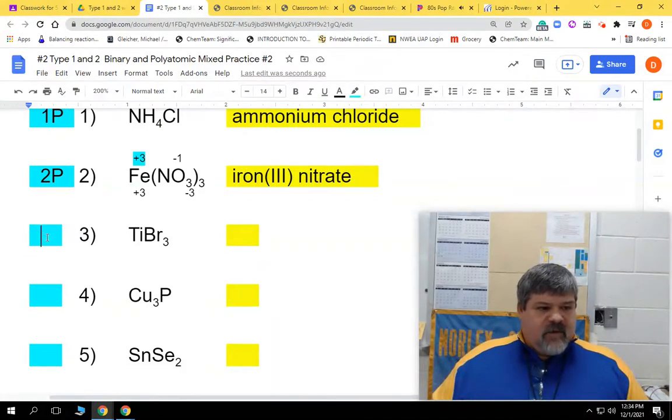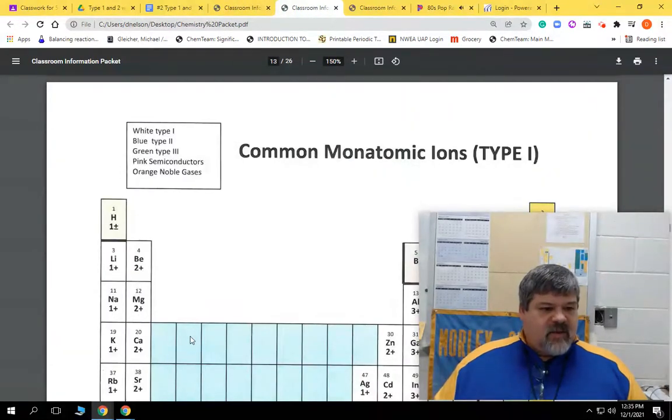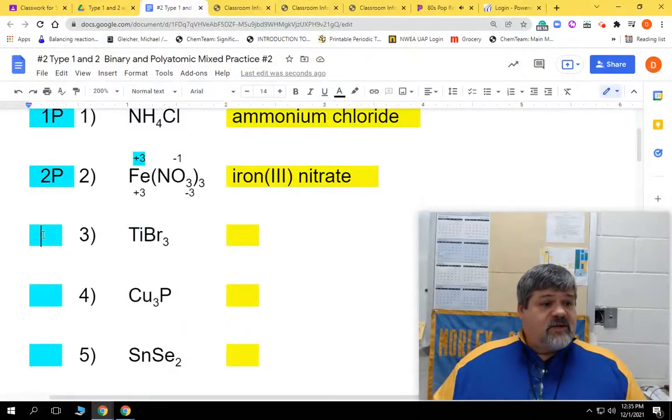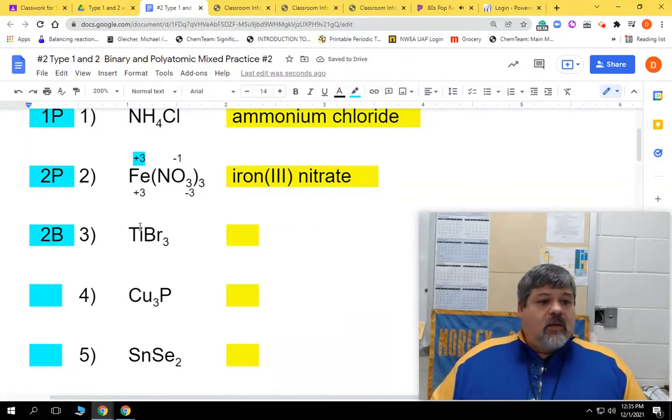Let's look at the next one. Right away, I see titanium, so I know that if I go to this page, titanium is right here. So it must be a type 2. I only have 2 capital letters, so that means it must be binary. So we've got to figure out the charge for titanium.